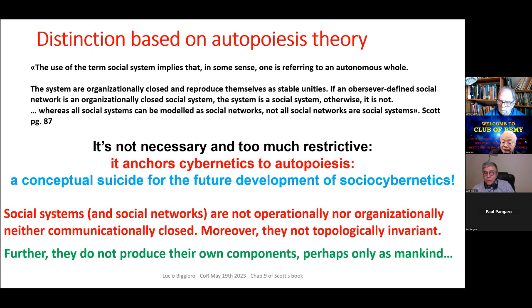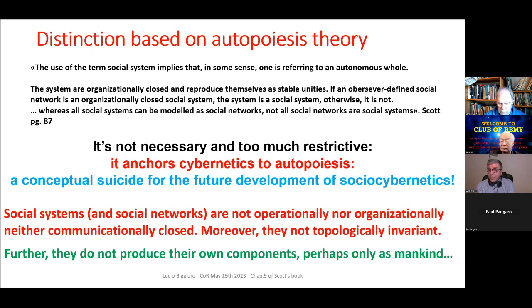If this idea of self-production, which is literally autopoiesis, can hold in biology, in cellular biology, which I don't know because I'm not a biologist, I speak as an economist and as a management scholar. And this is actually not the case of social systems. They do not produce their own components.